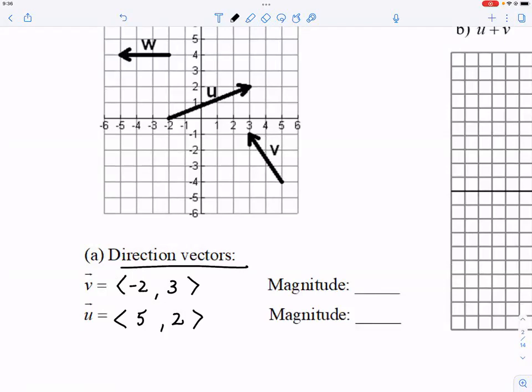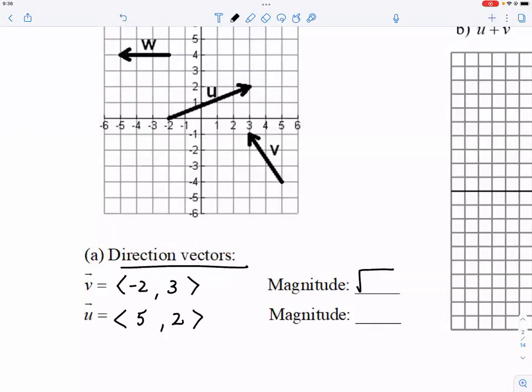Like when we say direction vectors, do you know that's what we're saying? I think that's one of the key challenges here. And what about the magnitude? Well, the magnitude is going to use the Pythagorean theorem to find out the overall length of the vector.